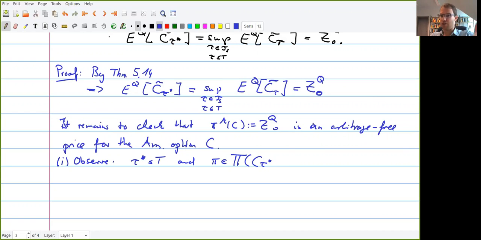Because this is just a non-negative random variable, which was a European option. So I have there an arbitrage-free price, which was denoted here by the set of all arbitrage-free prices by this capital P. And then C should be less or equal than pi.